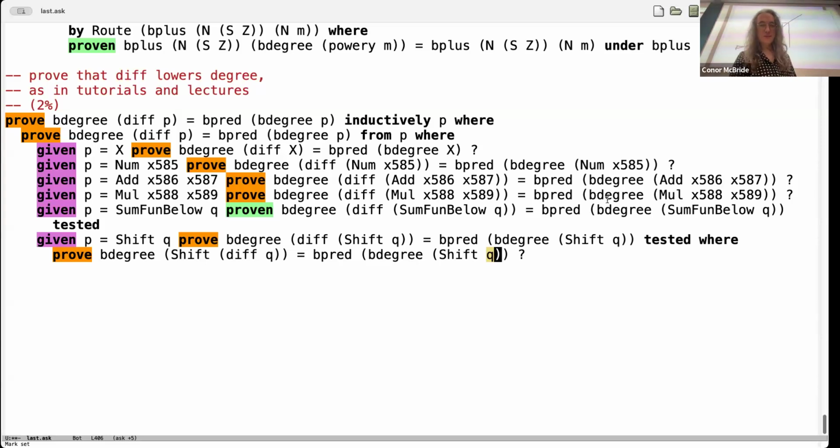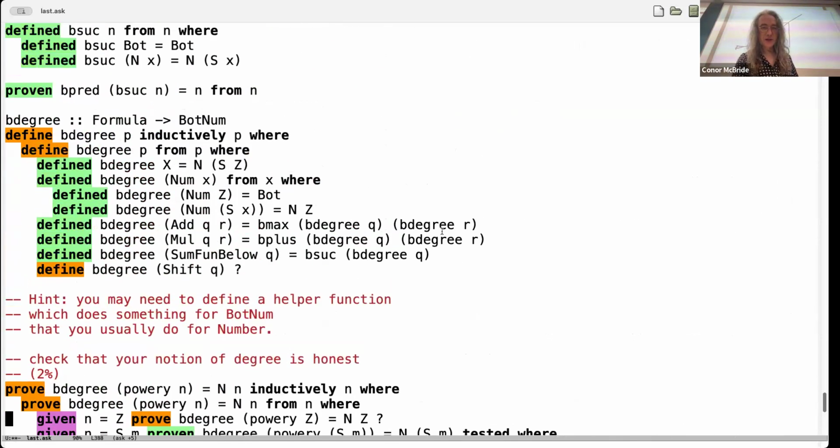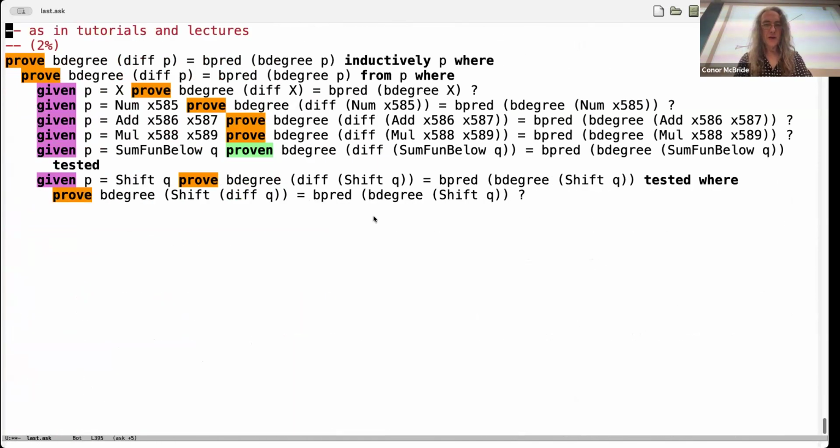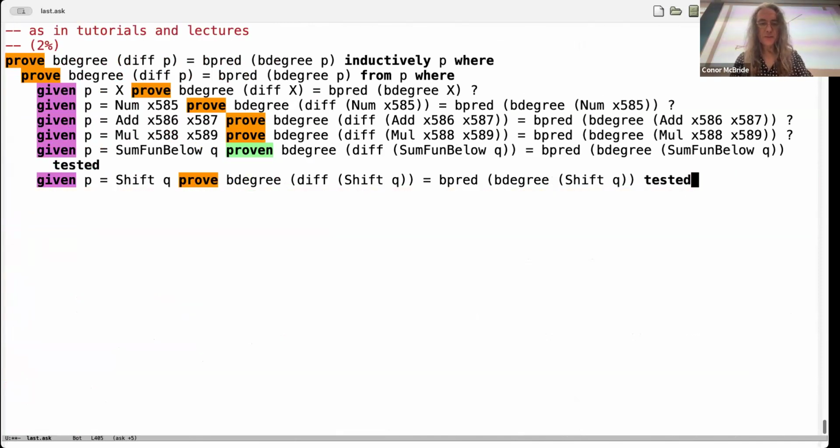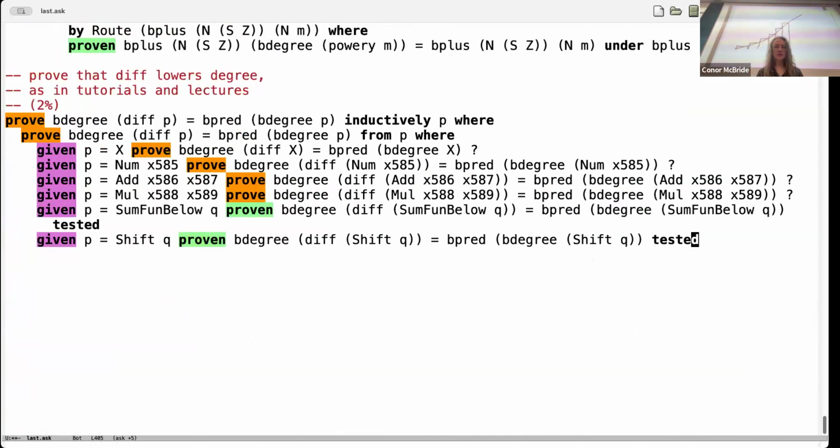Very little. The degree of shift Q is the degree of Q. And then if we run this again, that's home.